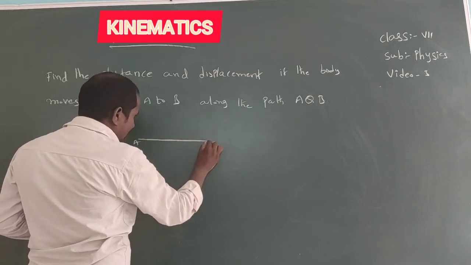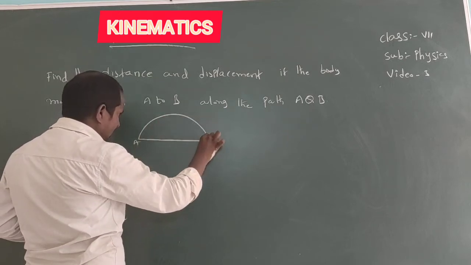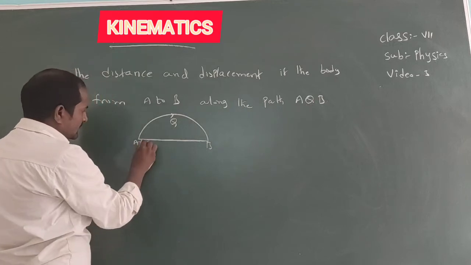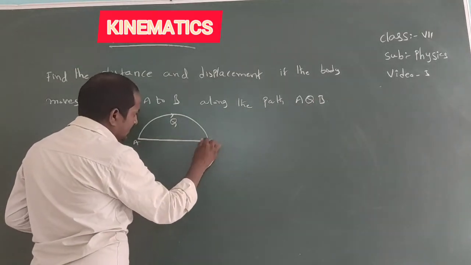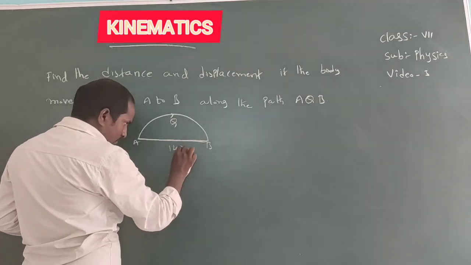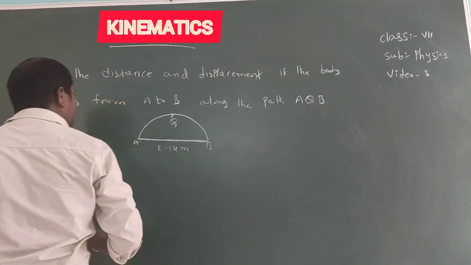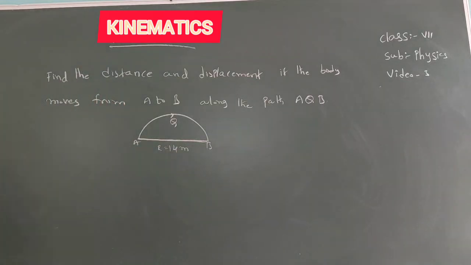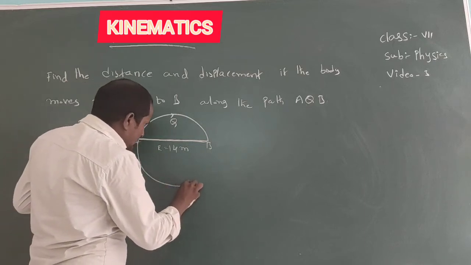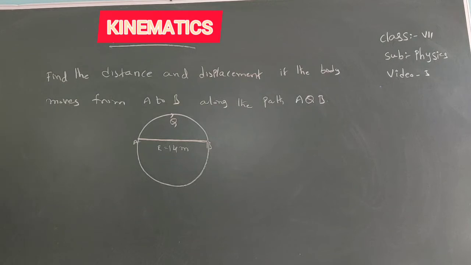So this is the diagram. It is A, it is B, it is the path, here Q. Here the A to B length is given, that is 14 meters. It is a circle.